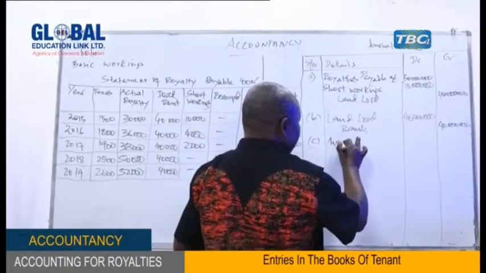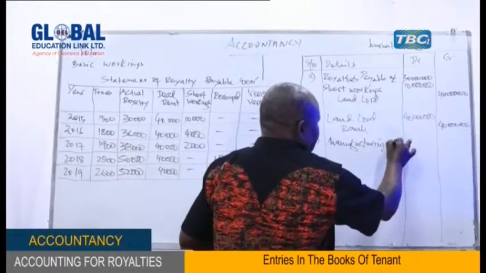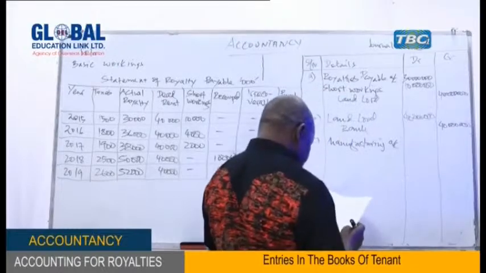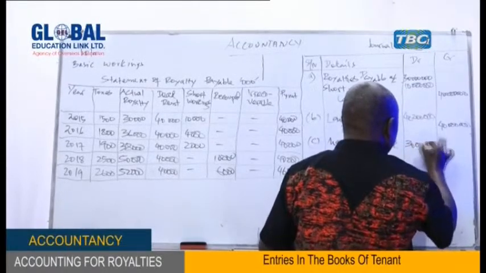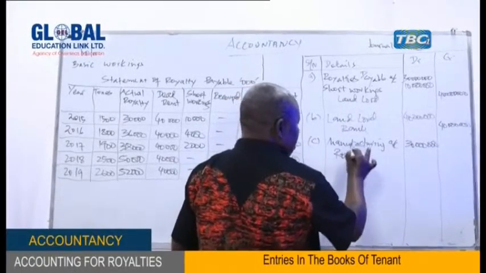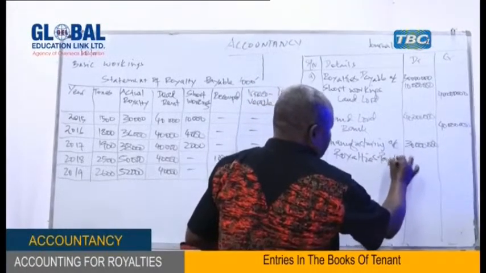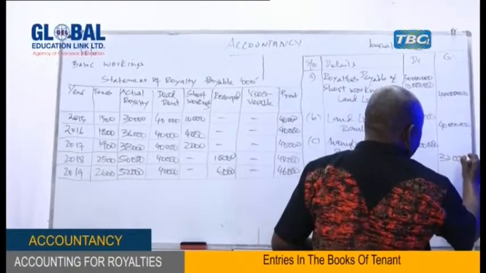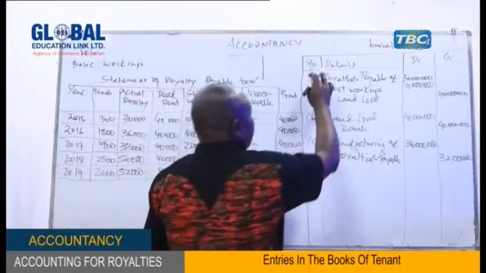So we debit manufacturing account the actual amount, that is 30 million, and credit the royalties payable 30 million. This is for the year 2015.